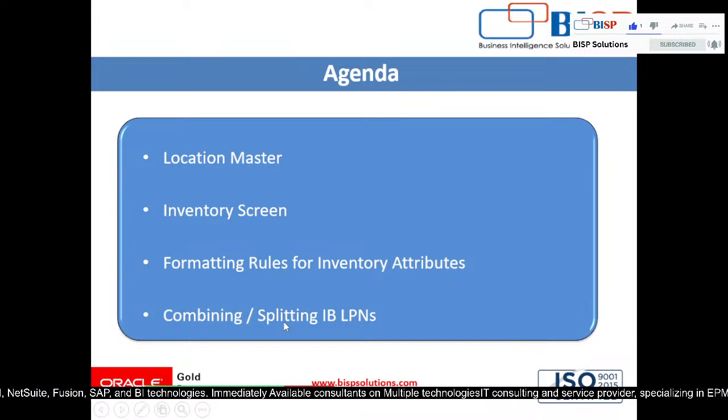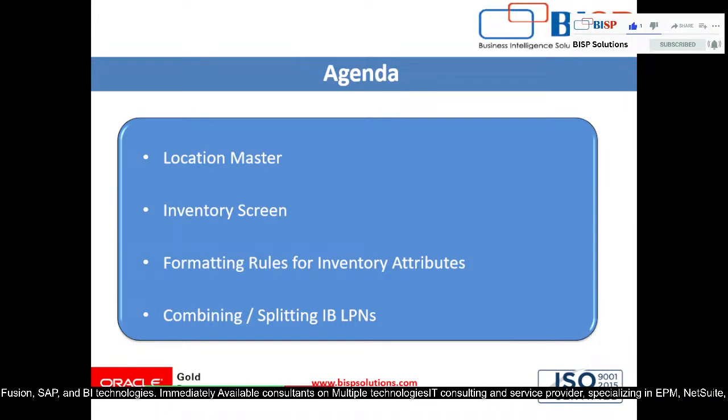Now combining and splitting IBLPN. So if two or more IBLPN for the same item need to be combined into a single LPN, right? In the RF module, we can perform this combining and splitting IBLPN, right?